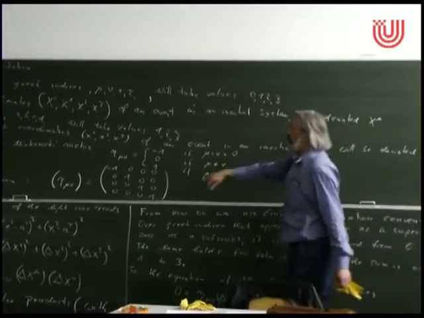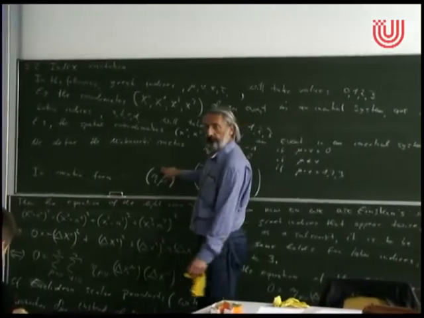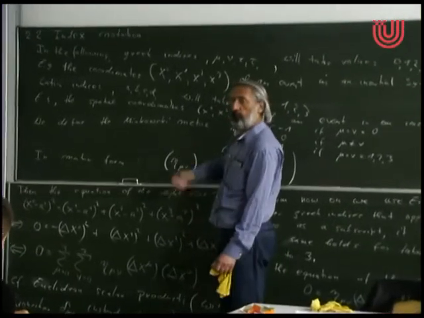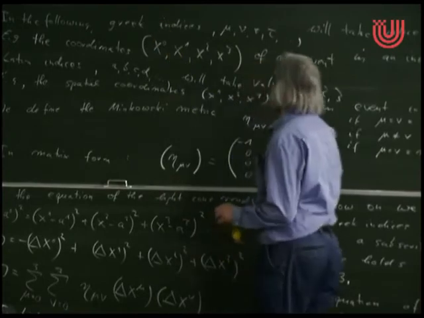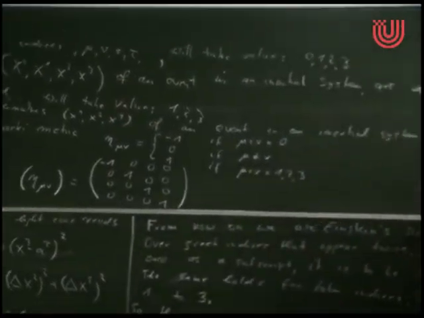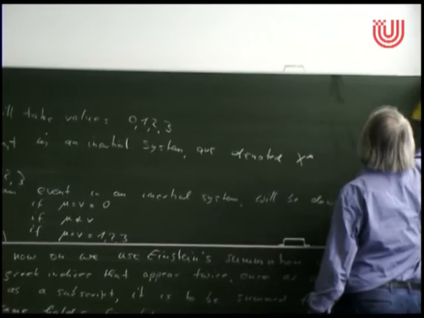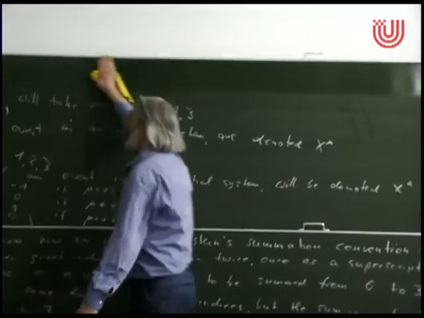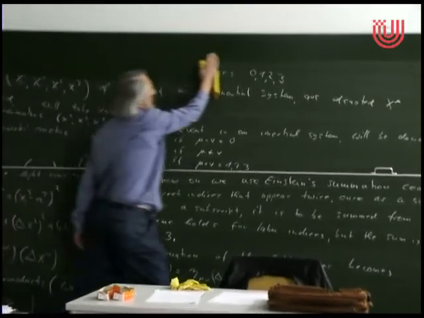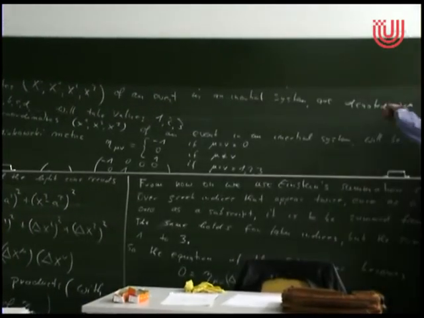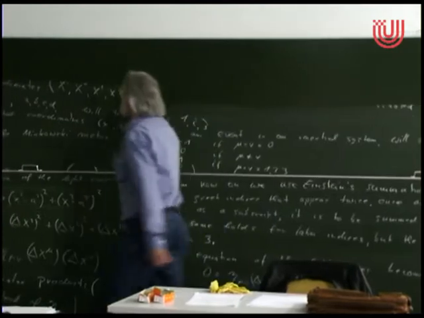I will also introduce an eta with upper indices, and I will use both etas for pulling indices down or pulling indices up. So I should write this already now so that you have seen it, although I will not use it for the next 60 minutes or so. Not today, I mean 60 minutes in the whole course.